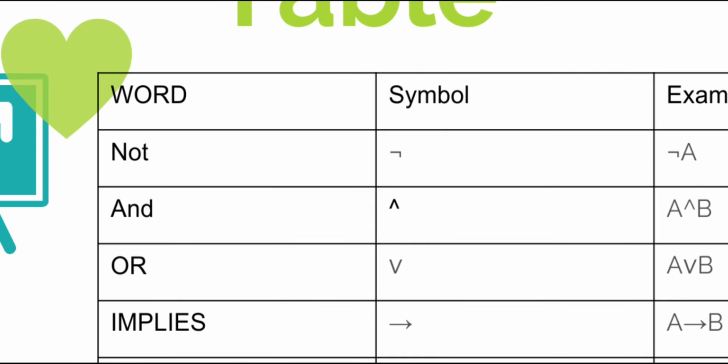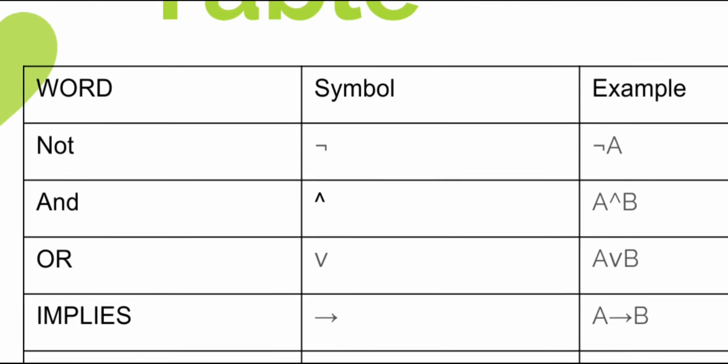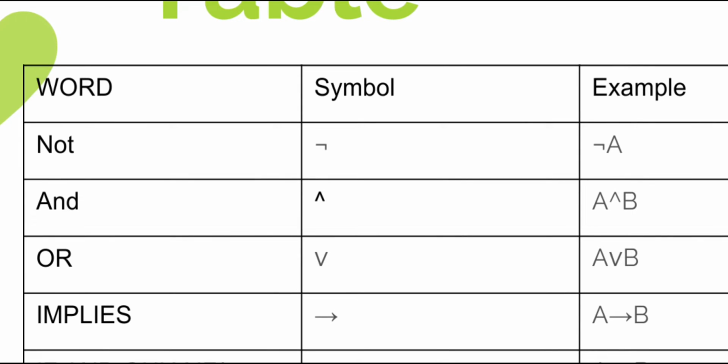Now, the first one is not, also called negation. So it negates the sentences. Over here, the concentration will be on the sentence. As we are going to use artificial intelligence, the thing that we will be using is sentences.